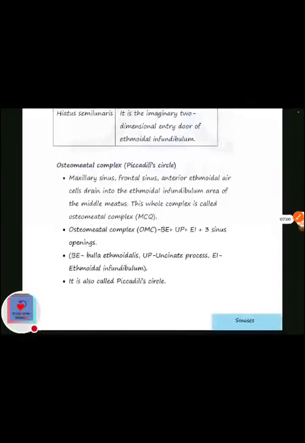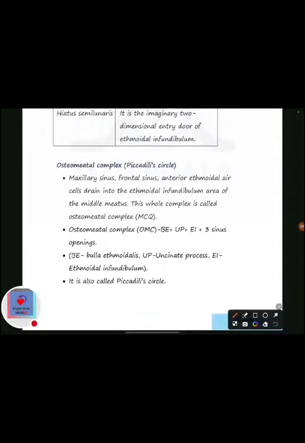The osteomeatal complex: the maxillary sinus, frontal sinus, and anterior ethmoid cells drain into the ethmoidal infundibulum of the middle meatus. The whole complex is called the osteomeatal complex. The ostia are openings into the meatus.